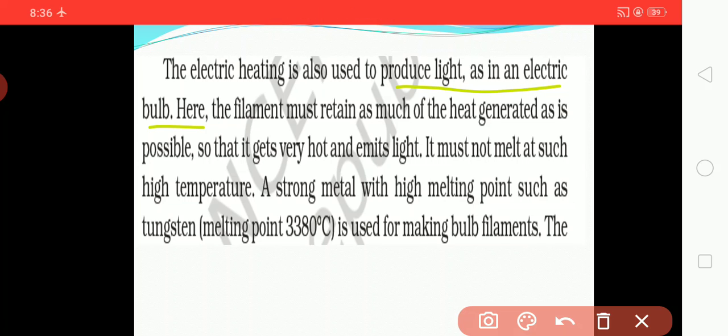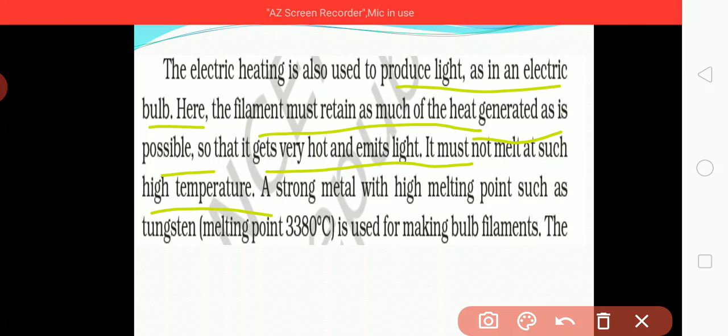Here the filament must retain as much heat energy as possible. The filament should retain a proper amount of heat energy so that it gets very hot and emits light, and it must not melt at such a high temperature, so the temperature should be limited.